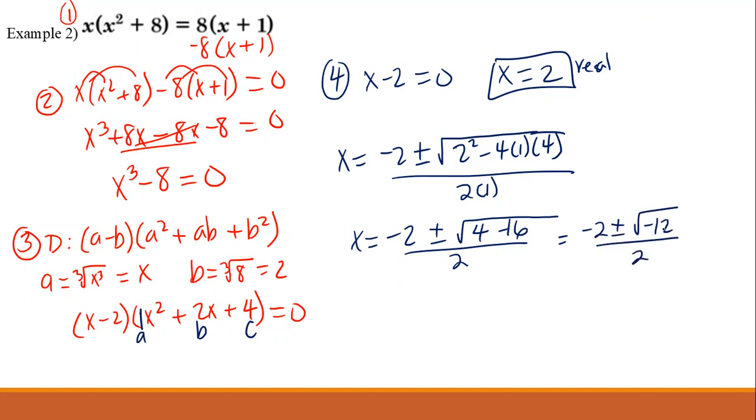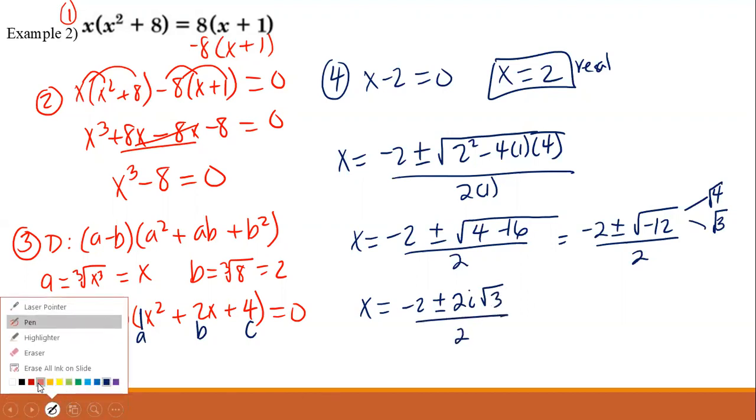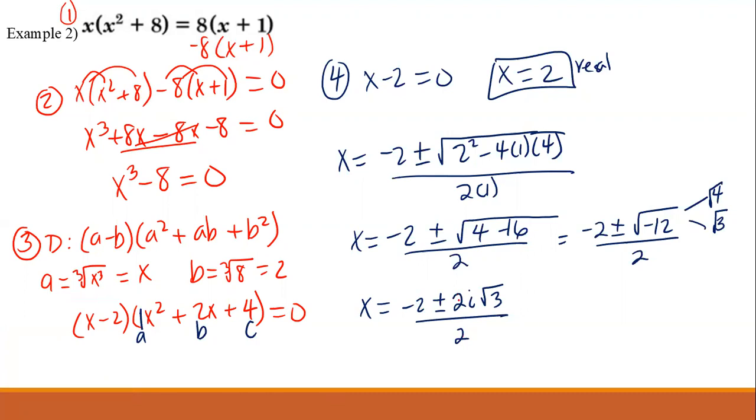We've done this before. Negative 12, if you're going to think about it, can be factored as 4 and 3. I can take the square root of 4, but can't take the square root of 3. So this leaves us with x equals negative 2 plus or minus 2i square root of 3 divided by 2. Almost done. Outside terms are divisible by 2.